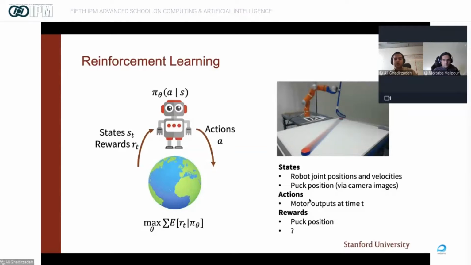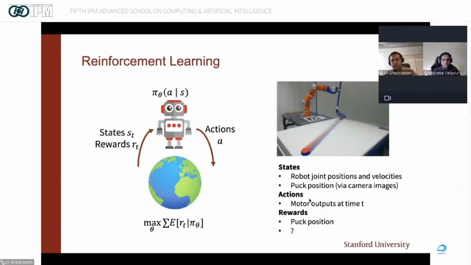Besides that, we also have to provide the position of the puck on the table. This information can typically be provided using camera images, or it can be provided as raw camera images themselves, so you don't need to do any pre-processing or post-processing to extract the information about the puck position from the images.